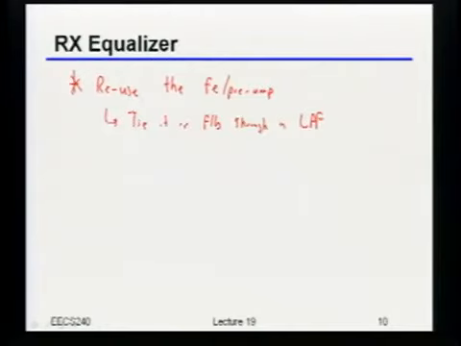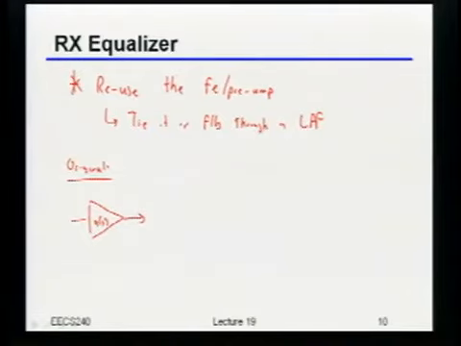Okay? So let's see conceptually how that is going to allow us to realize this equalizer. Let's say my original design was just this preamp that has some A of S with it.